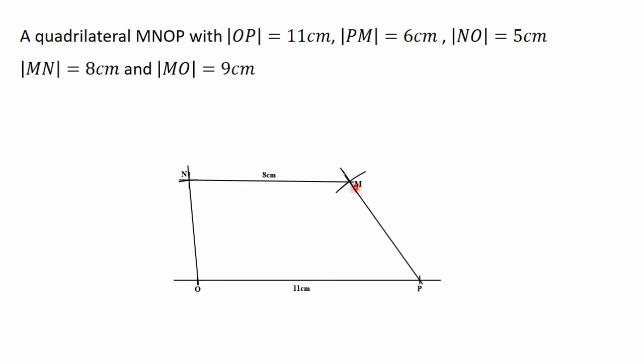The length of the side MN is 8 centimeters. The length of the side NO is 5 centimeters. And the length of the side PM is 6 centimeters. So we have been able to construct the quadrilateral MNOP.